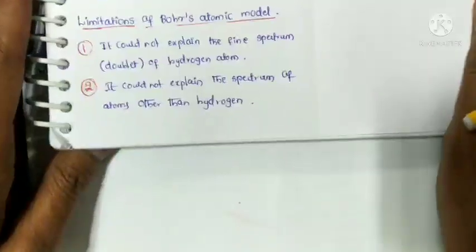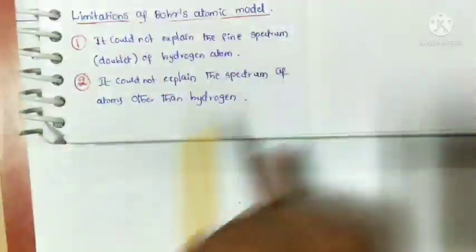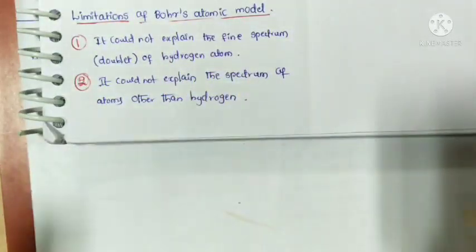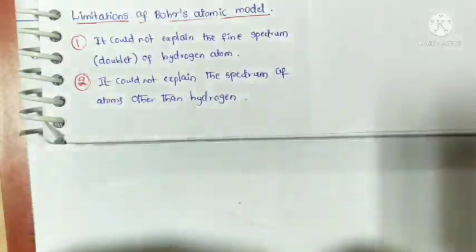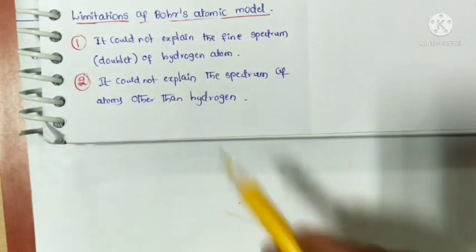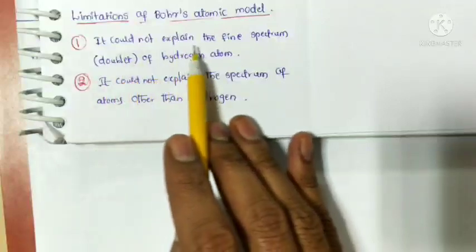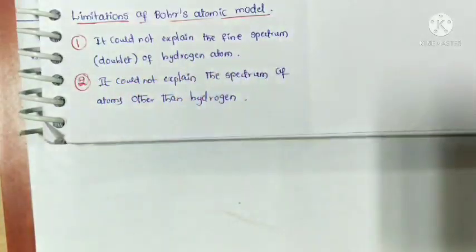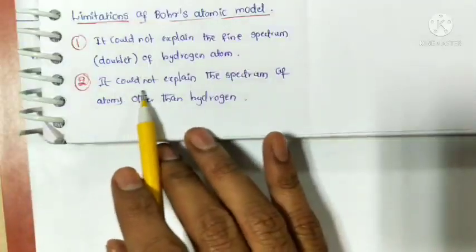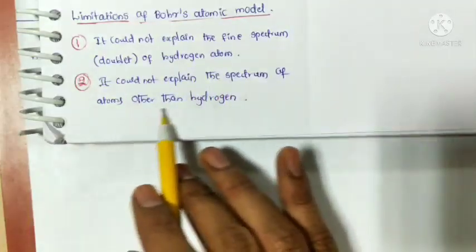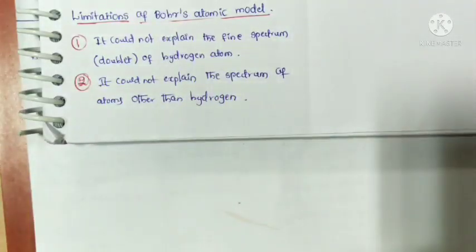So first one is, what is that? It could not explain the fine spectrum of hydrogen. Fine means it is divided further into small pieces, that is a fine spectrum. The second one is it could not explain the spectrum of atoms other than hydrogen, that is helium, lithium.